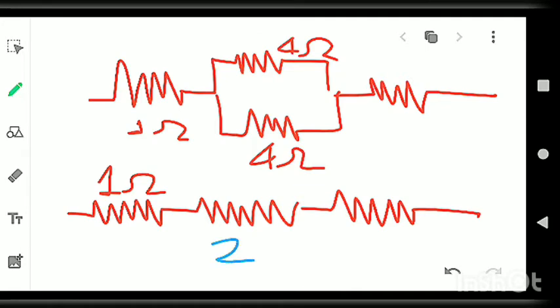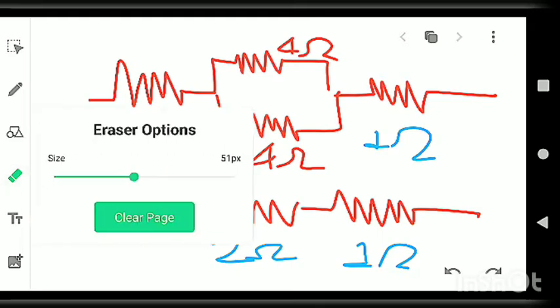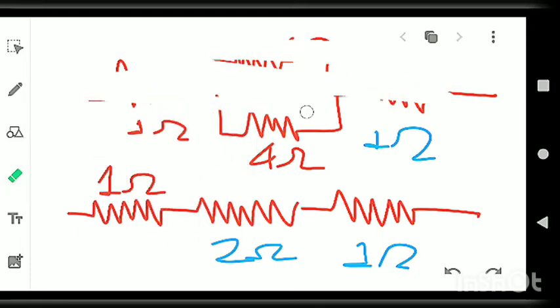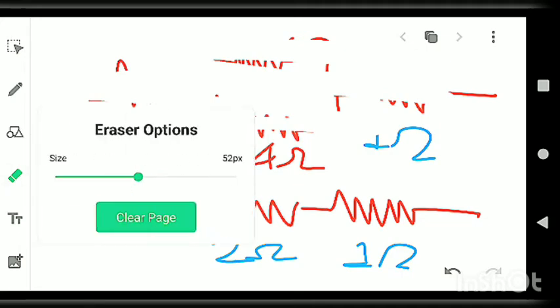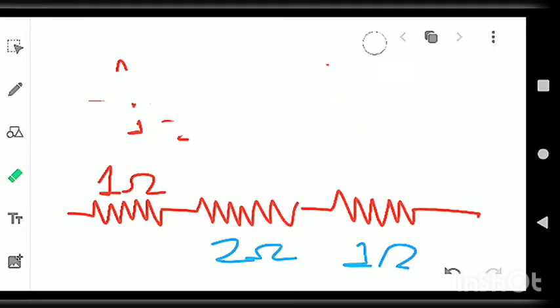So it's now clear that we have 1 plus 2 plus 1, and the net value of our resistance is, in total, 4 ohms.